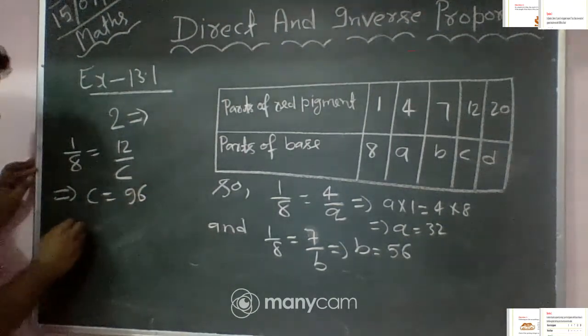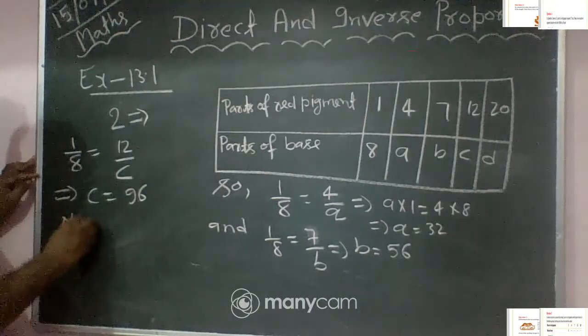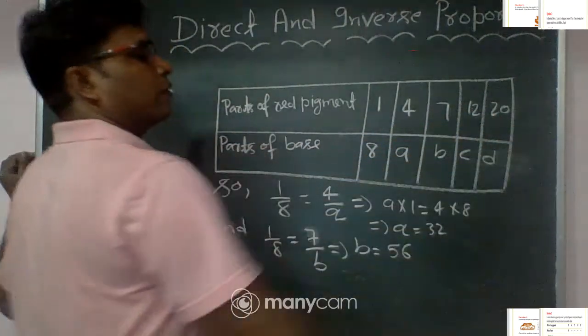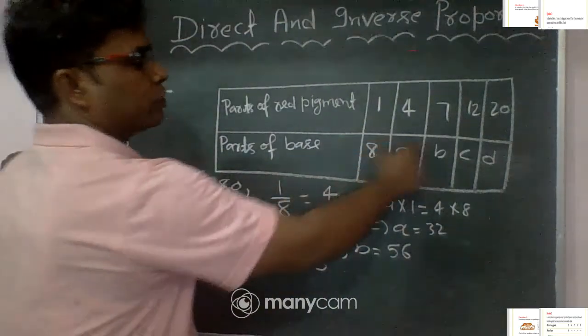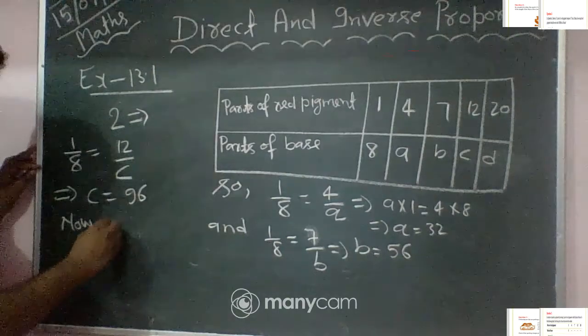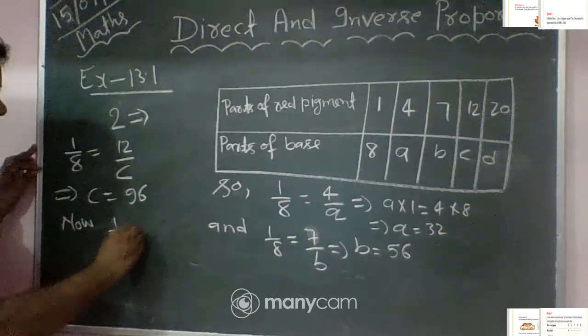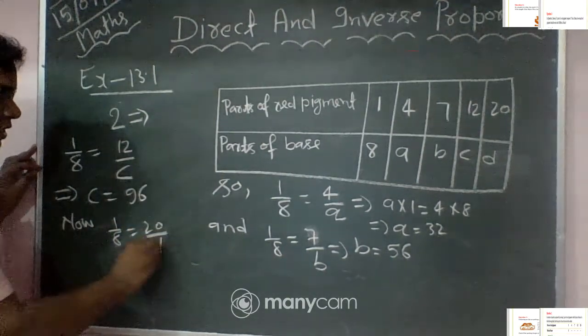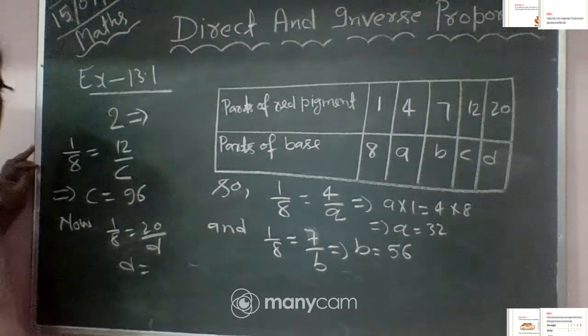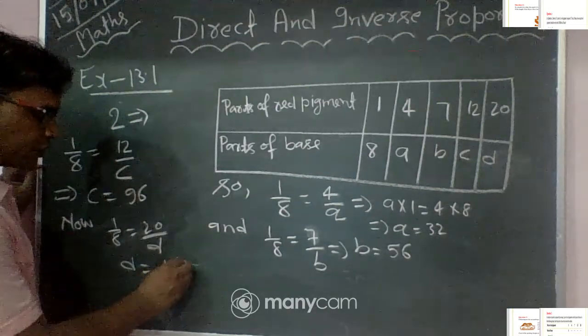And at last, for this 20, 1 by 8 is equal to 20 by d, or d is equal to 20 into 8. By cross multiplication we obtain 160.